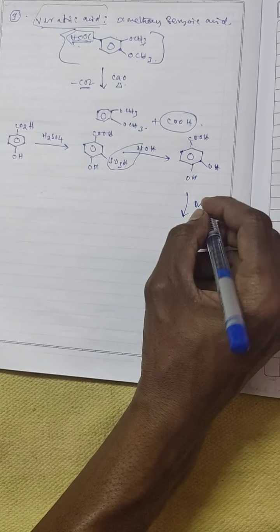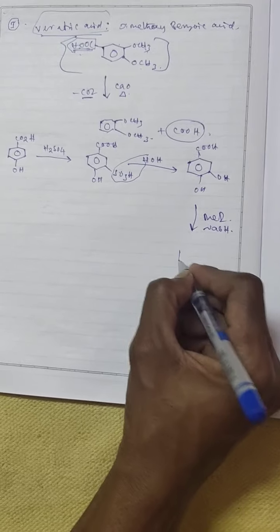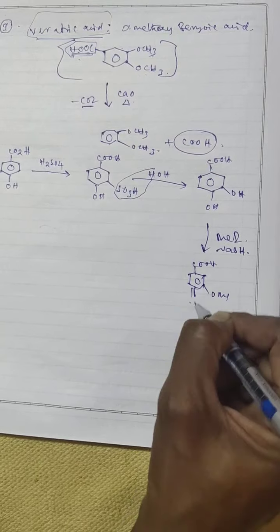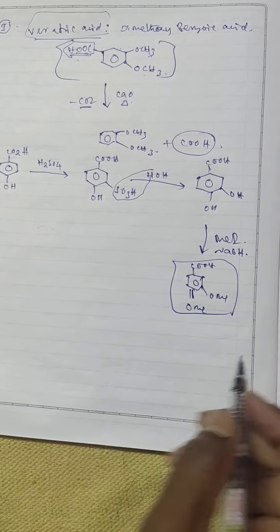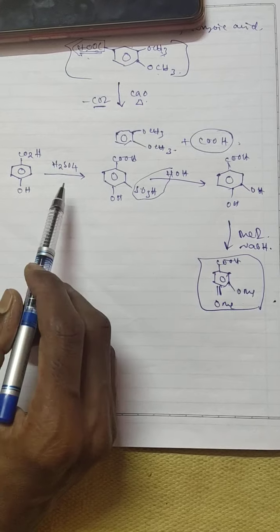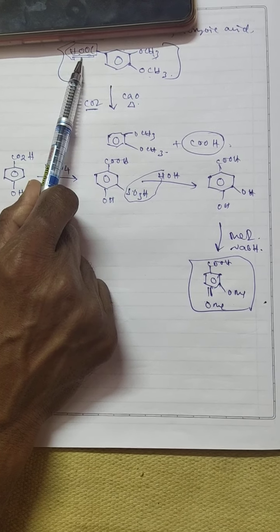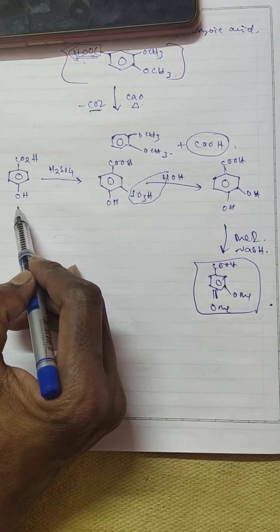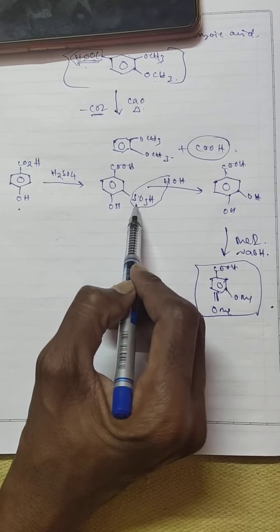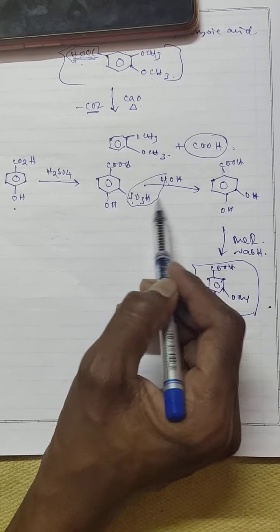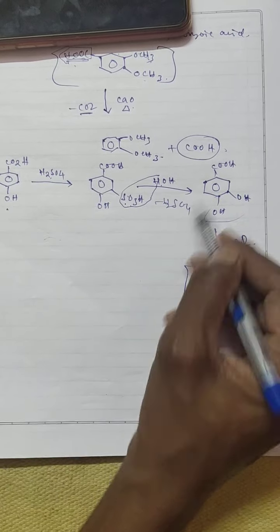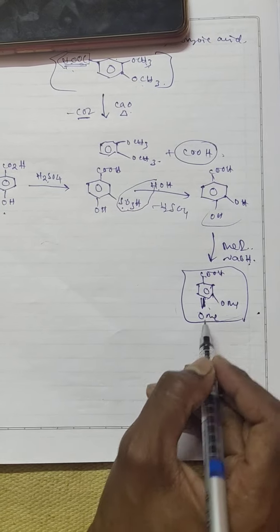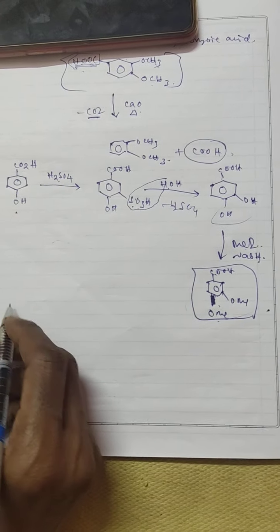Whenever treated with methyl iodide and sodium hydroxide, it forms dimethoxybenzoic acid. So the position of the carboxylic acid is confirmed by the synthesis of valeric acid. So that is the valeric acid structure.